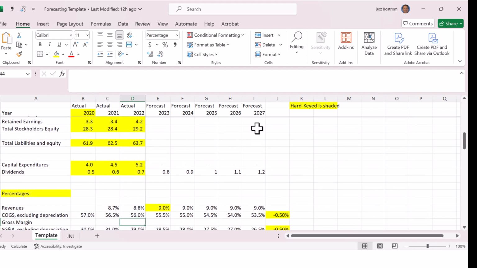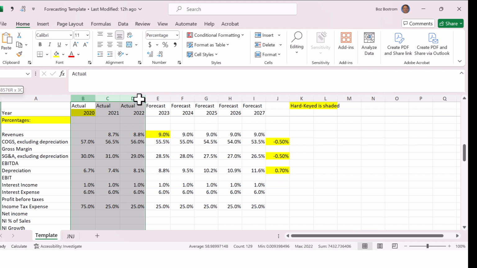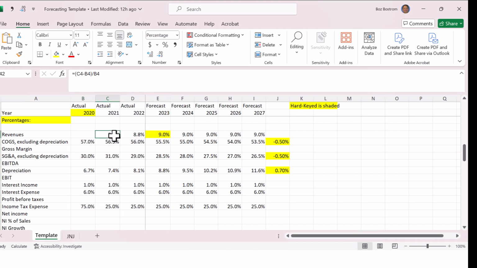And if we go down a little bit, what you can see that I did here, and this would be very common in valuations, is I have created percentages for my base year columns, my actual year columns. So this 8.7%, you can see that formula. That is current year revenues minus prior year revenues, and then that difference all over prior year revenues.